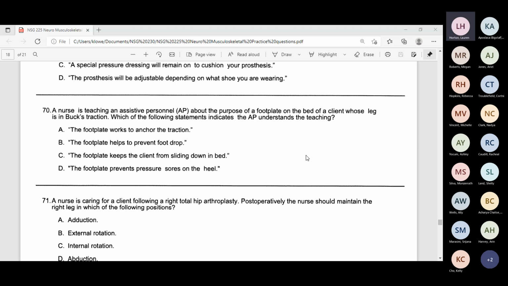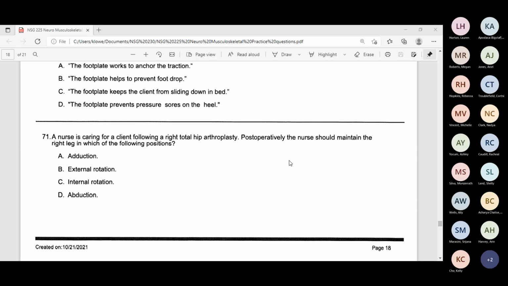Am I just old? It's to prevent foot drop. It keeps the foot in an anatomically correct walking position and prevents that foot drop that causes contractures. And when I think about Buck's traction, they can't roll over, they can't get up, they're going to be on bed rest on their back.